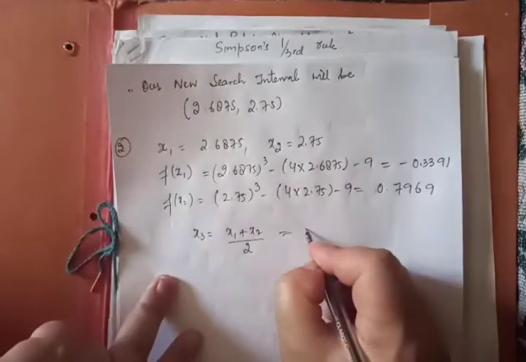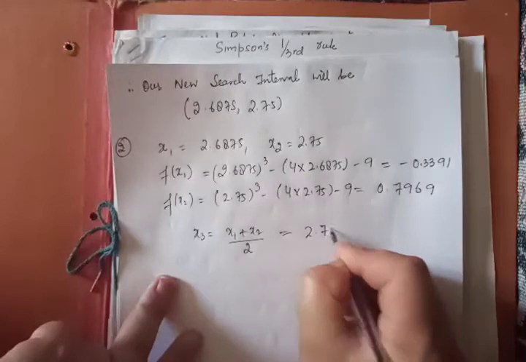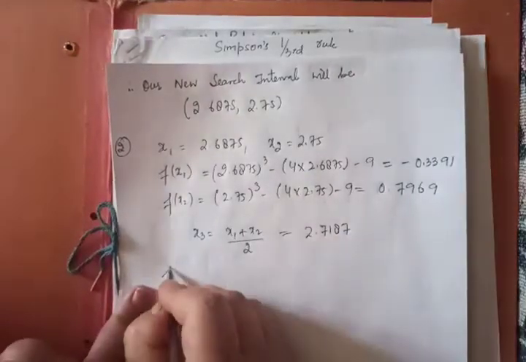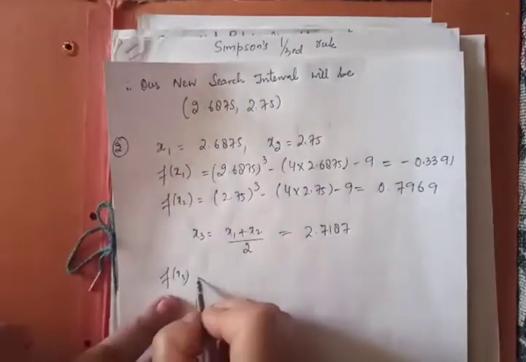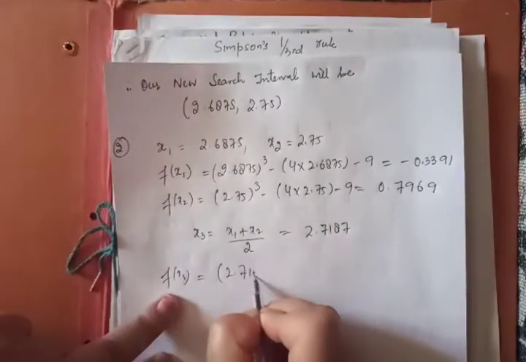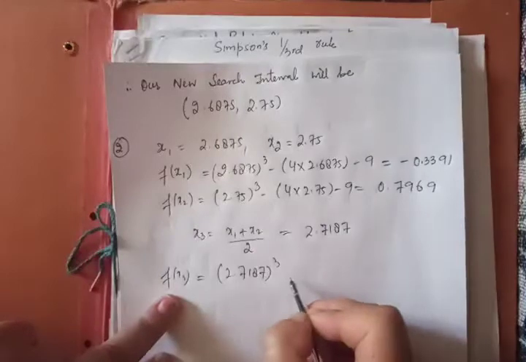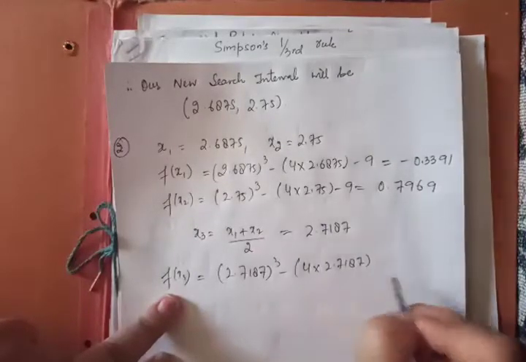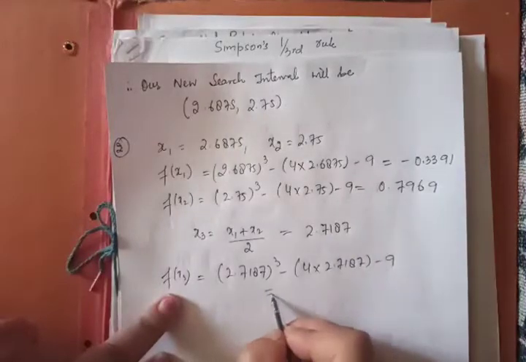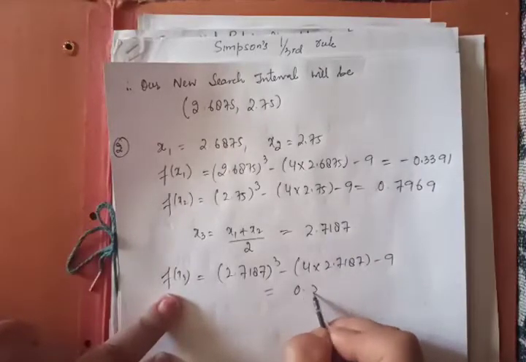Opposite signs हैं, that means we can calculate the value of x3 by x1 plus x2 divided by 2 equal to 2.7187. Calculate the value of f of x3 by substituting this value in the equation. So 2.7187 का whole cube minus 4 into 2.7187 minus 9 is equal to 0.2200.